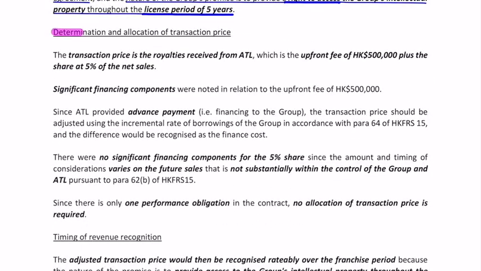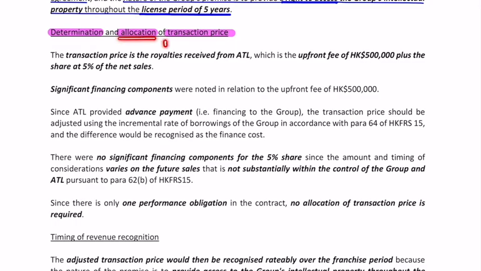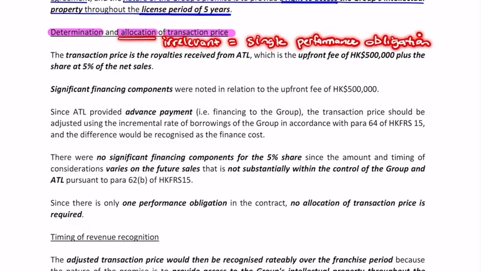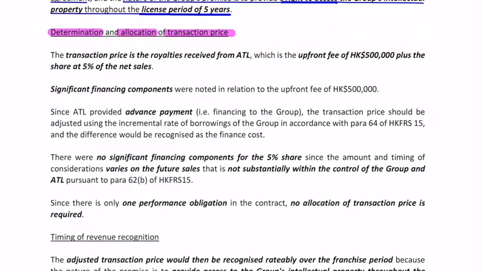Step 3, determination of the transaction price. Step 4, allocation of the transaction price. For this question, allocation of the transaction price is irrelevant because there is only a single performance obligation under the contract. You have to spend more time discussing the determination of the transaction price.